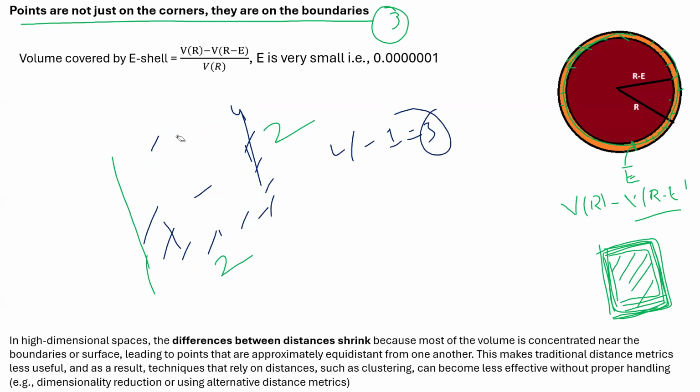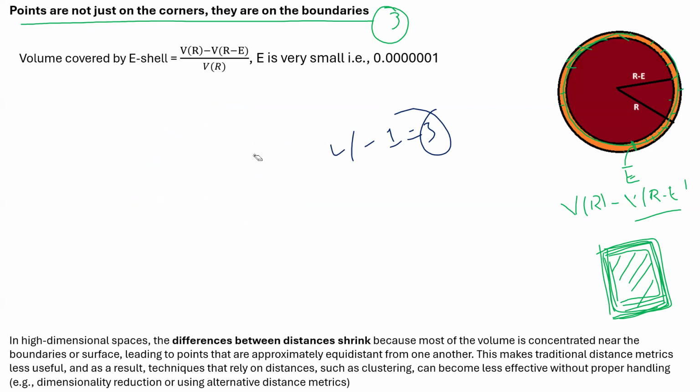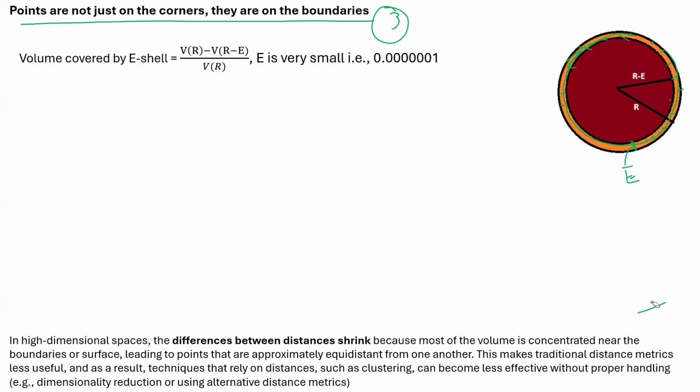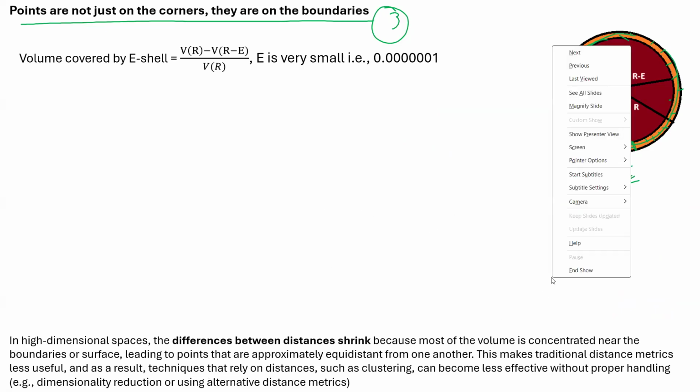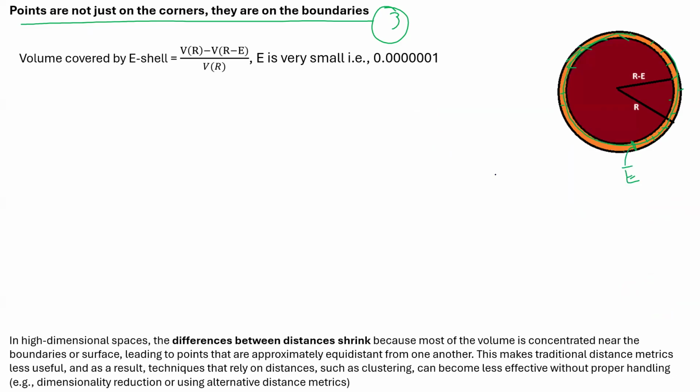Okay. And this comes down to one derivation. So that will conclude most of the stuff that we want to study in the higher dimensions, and we can prove how the points actually look in higher dimensions, which would be very interesting. Now, what we are trying to calculate is the volume occupied by this particular circle line.